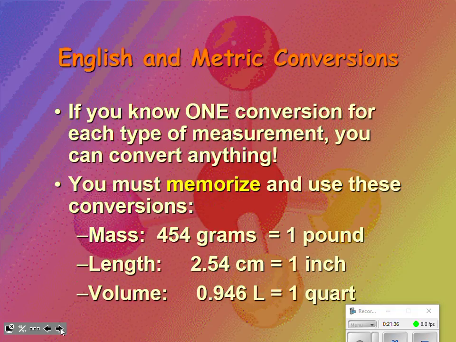They're some of the more common ones: mass, length, and volume. 454 grams is equal to 1 pound. We've already discussed the length. 2.54 centimeters is equal to 1 inch. And the volume, 0.946 liters are equal to 1 quart.